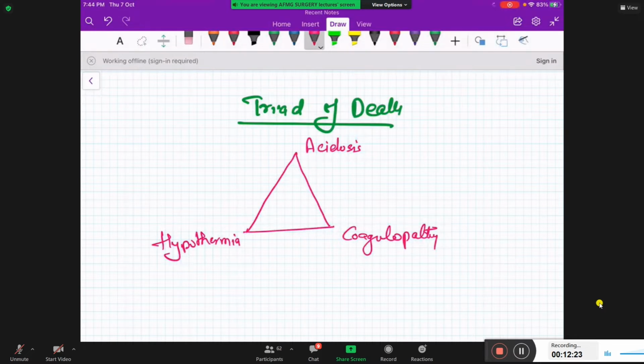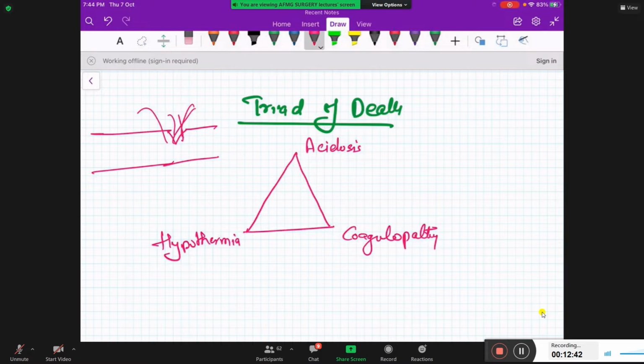Imagine this is a vessel, and this vessel has an injury like this, and it is pouring blood. Okay, what else? Very good.